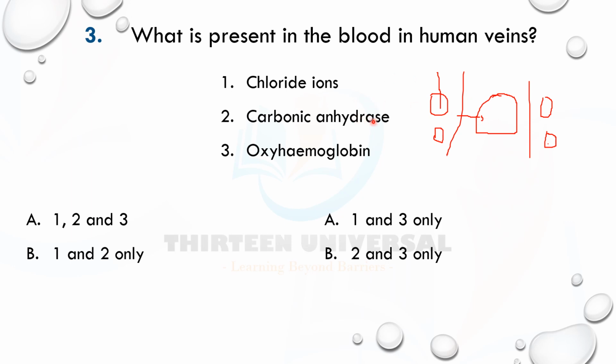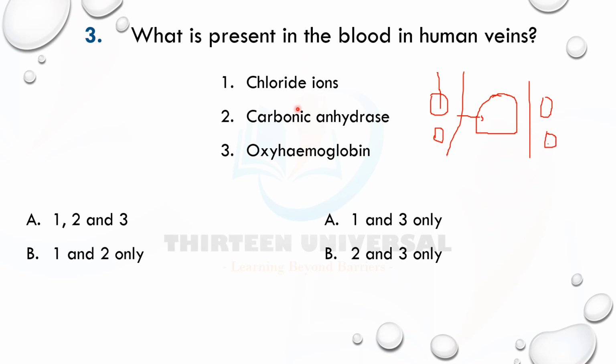Carbonic anhydrase is always in the blood because it's in the red blood cells. It helps to catalyze the formation of carbonic acid by combining CO2 and water. Oxyhemoglobin is also there. Deoxygenated blood does not mean there's no oxyhemoglobin; it just means it has a low amount of oxygen.